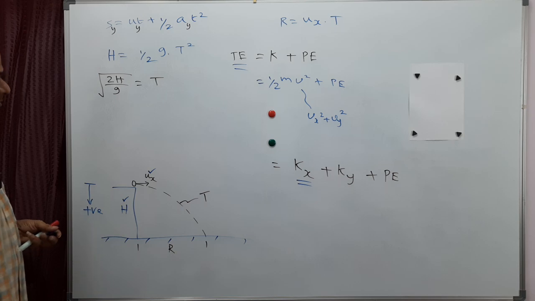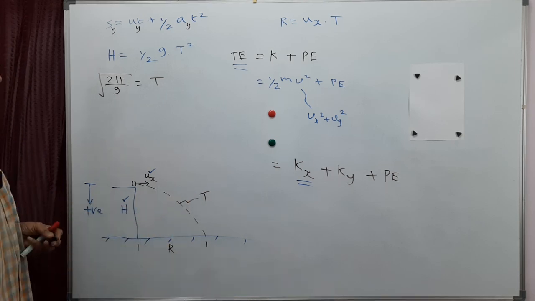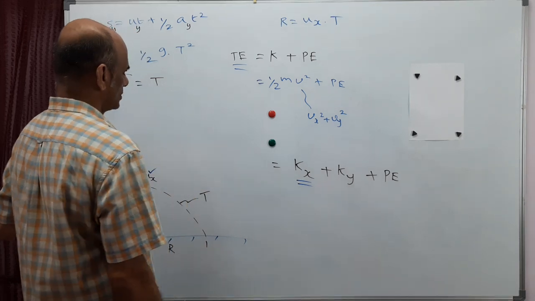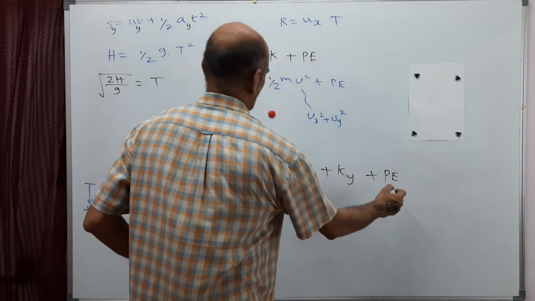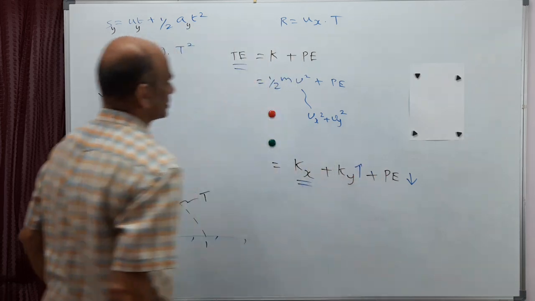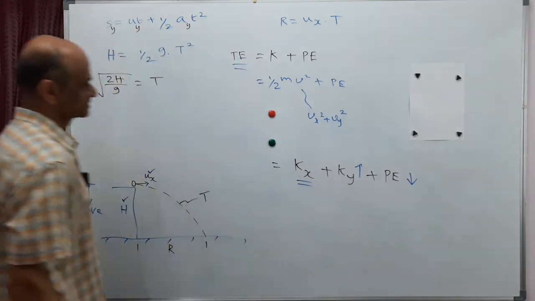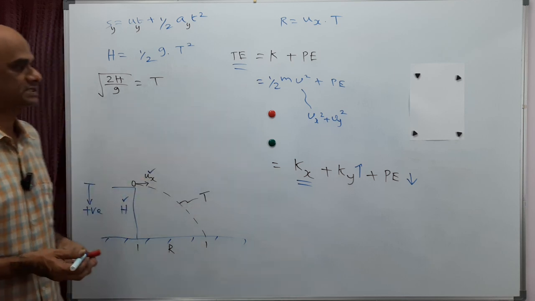Ux is not changing because there is no force in the horizontal direction. The only force is the gravity in the vertical direction. So this is also constant. So as it moves down, height is going down, so potential energy will decrease and the kinetic energy will increase. So the energy will be exchanged between these 2 terms. Total energy and the kinetic energy in the x direction are fixed.